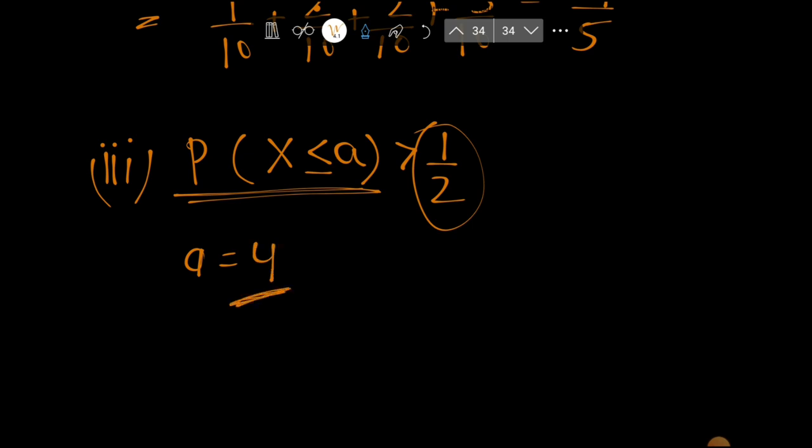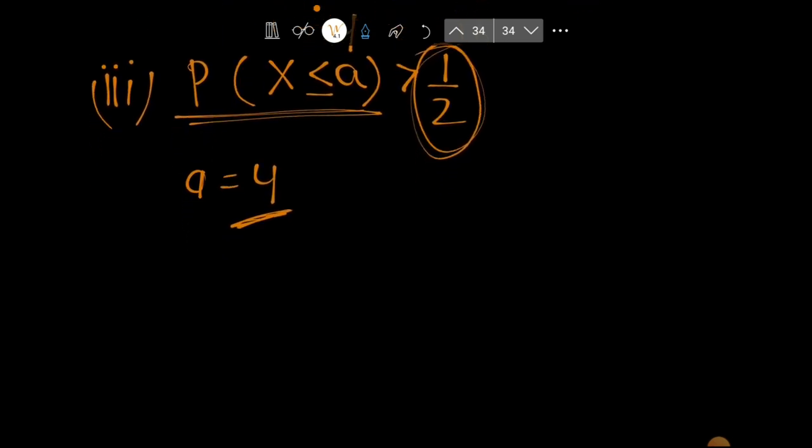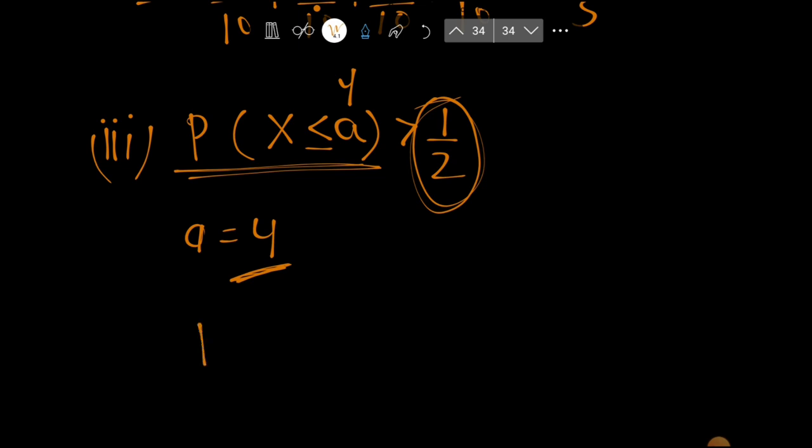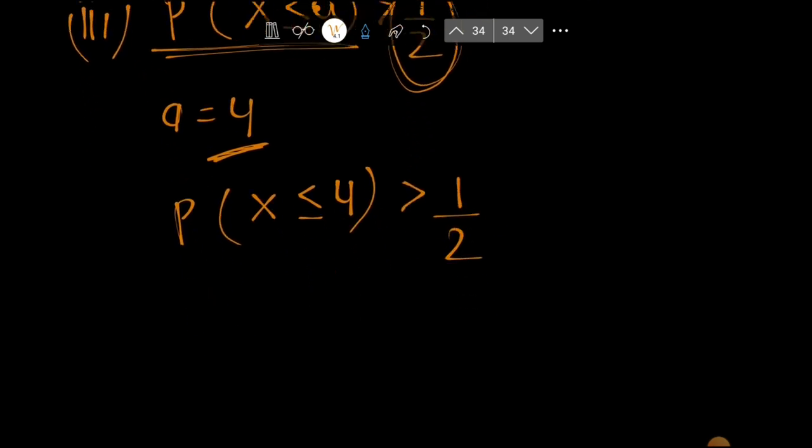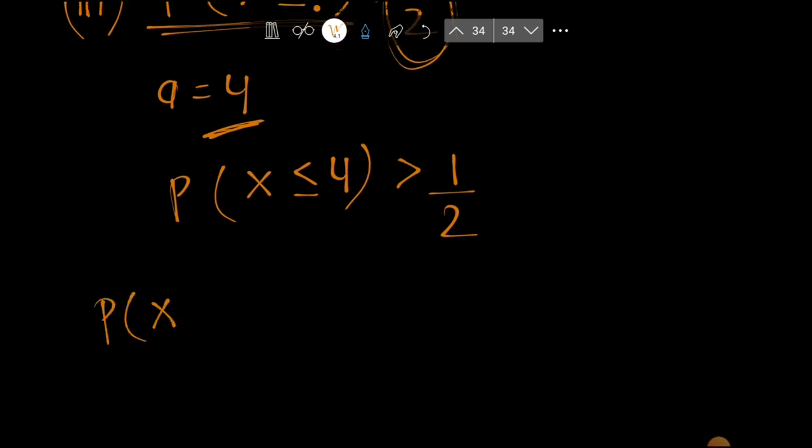When we put a equal to 4, we find the probability is greater than 1 by 2. So simply you can put the values and sum them, and when your probability is greater than 1 by 2, then your answer is correct.